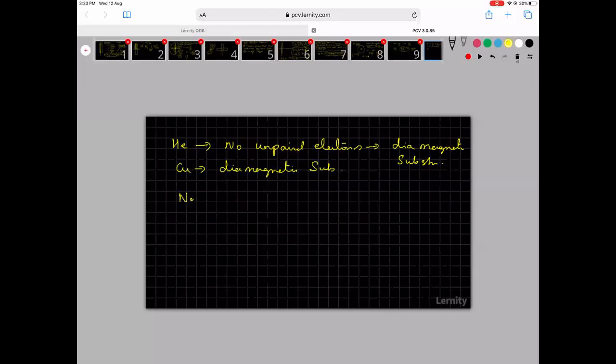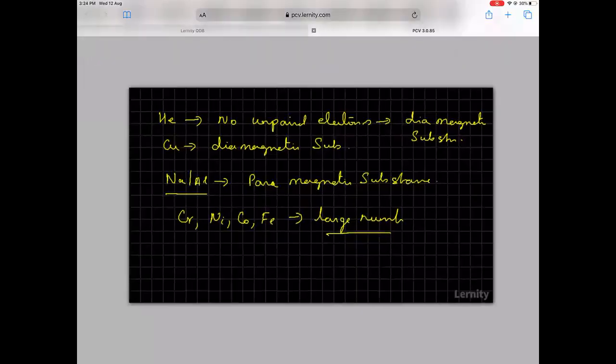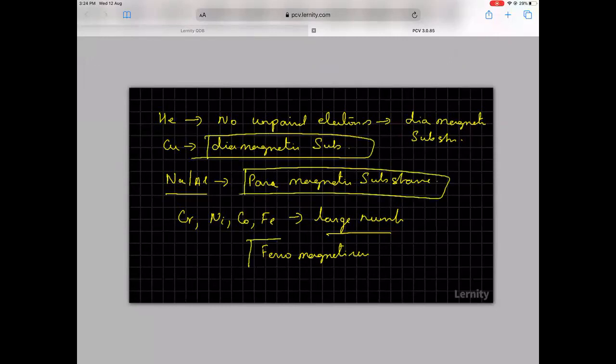These are all paramagnetic substances because they have unpaired electrons. Then you have certain materials like chromium, nickel, cobalt, iron, which have a large number of unpaired electrons. These show a property called ferromagnetism. So there are these three effects in a medium: diamagnetic, paramagnetic, and ferromagnetism.